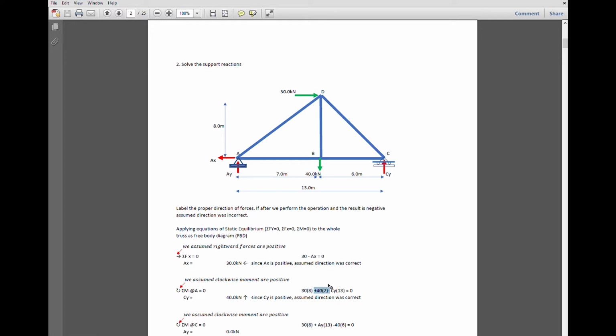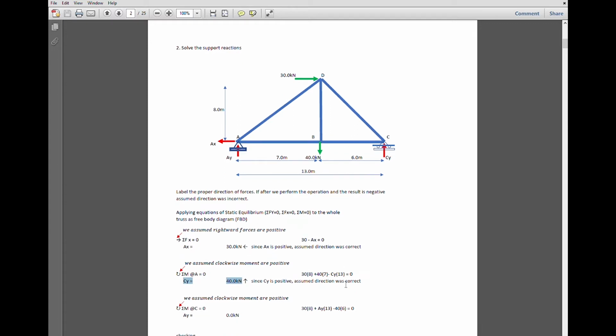Yung counterclockwise, yung CY, negative naman siya. We equate it to 0. Then, we can now solve for CY from that equation, and that is equal to 40 kilonewton. Our assumption was correct because 40 kilonewton came out to be positive. That is an upward support reaction at point C.